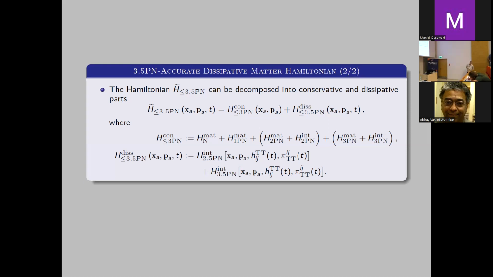This ambiguity is not present in the effective field theory approach, for example, because they use, also for infrared divergences, only the dimensional regularization scale, and they use the d-dimensional version of the tail contribution, and it is enough. After many years, it has appeared that it is enough to use pure dimensional regularization, but not in our formalism, unfortunately.